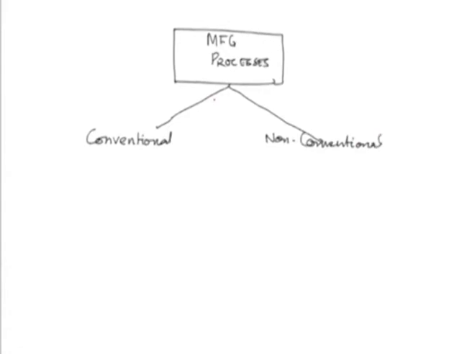So, this is based on, we can say, energy used. Now, in the conventional, basically the form of energy used is mechanical and electrical, which are most common in almost all material processing techniques.